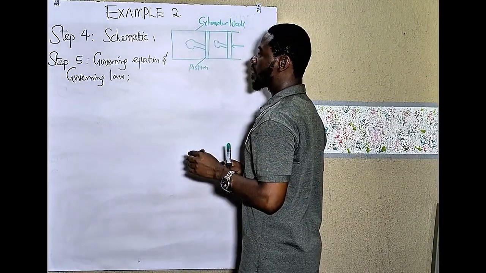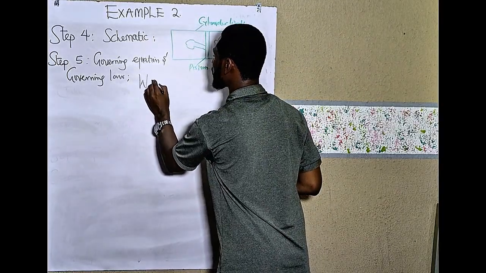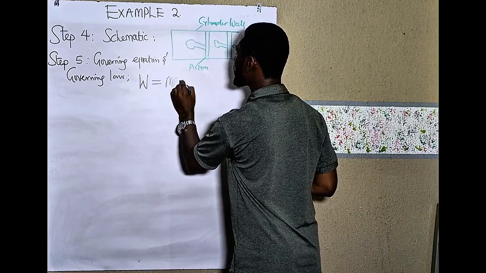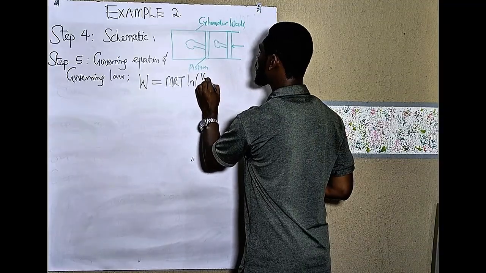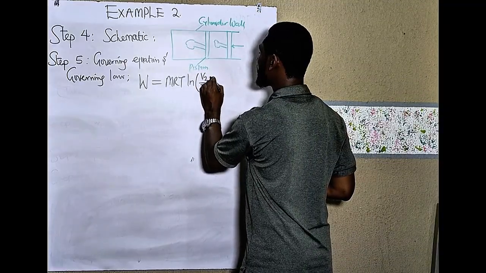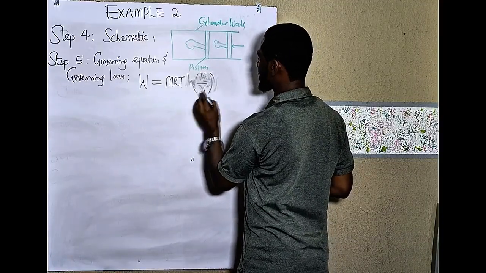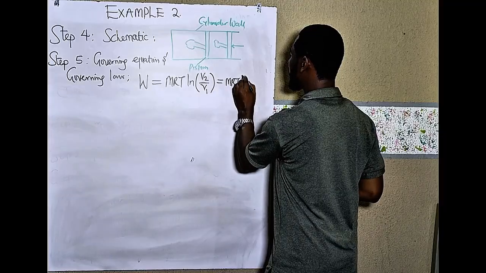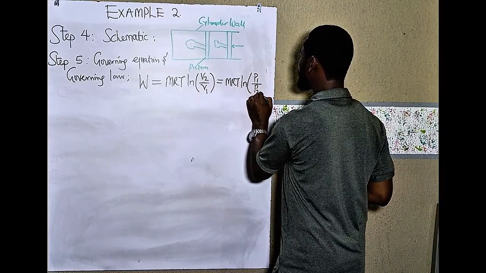For an isothermal process, the equation becomes W equals mRT ln V2 over V1, which is also the same thing as mRT ln P1 over P2.